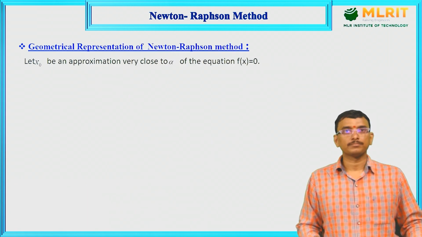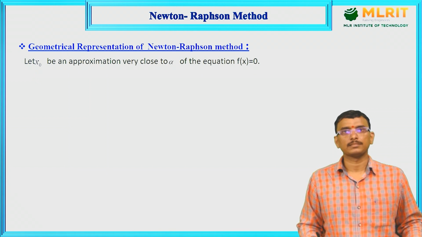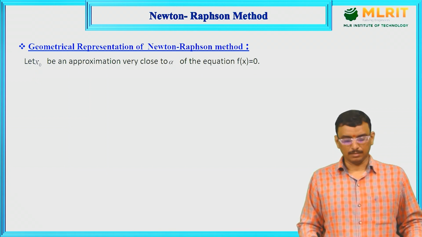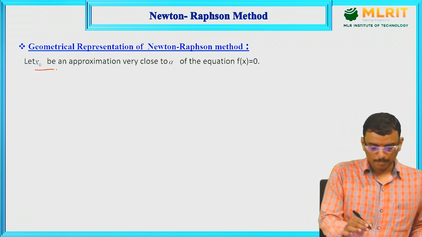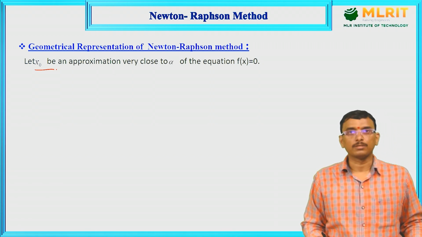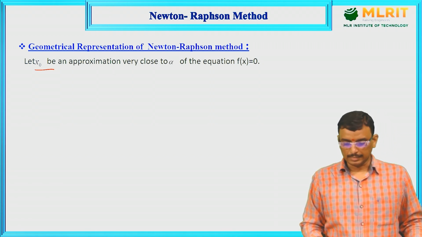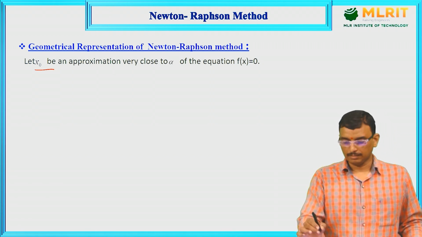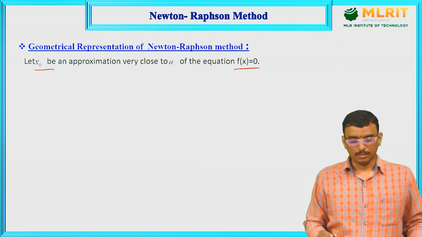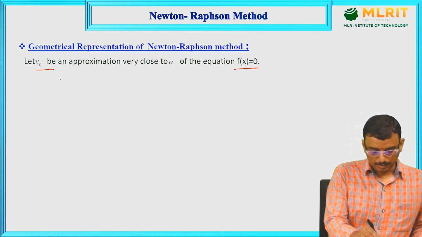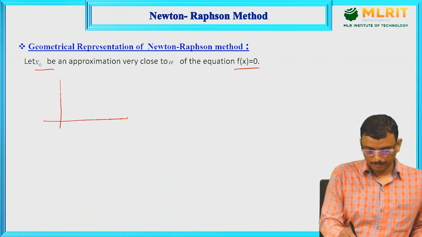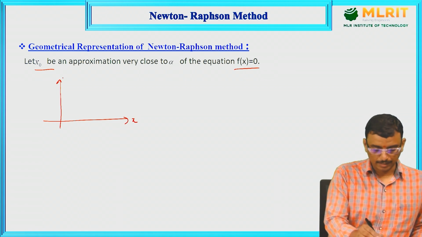Now we will see the geometrical representation of Newton-Raphson method. So let x0 be the approximate root which is close to the exact root alpha of the equation f of x is equal to 0. Now I am taking the graph here. So xy plane, x axis and this is y axis.